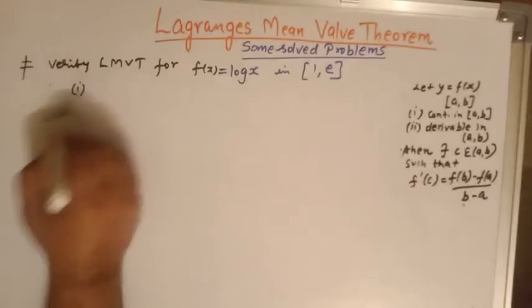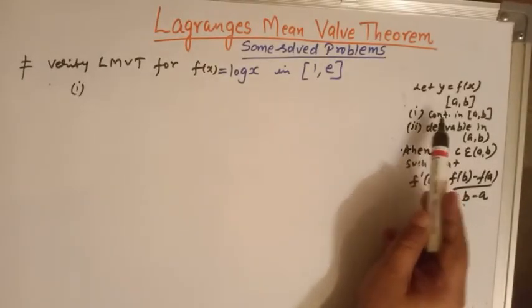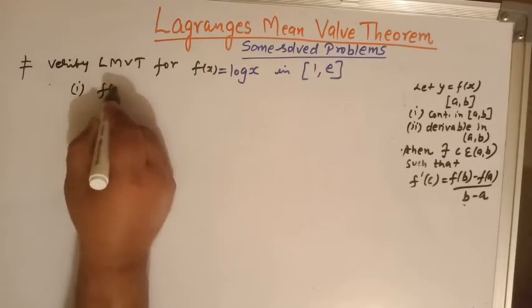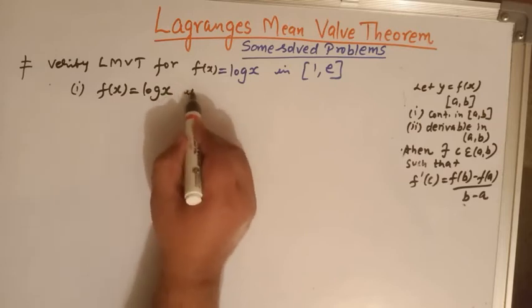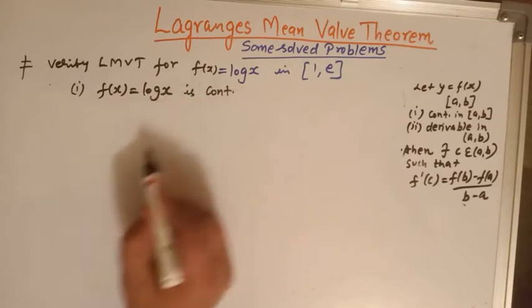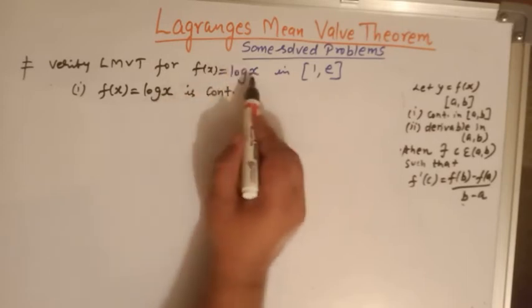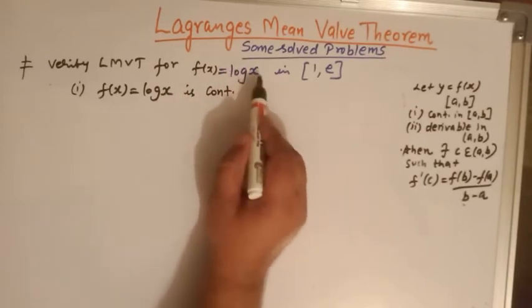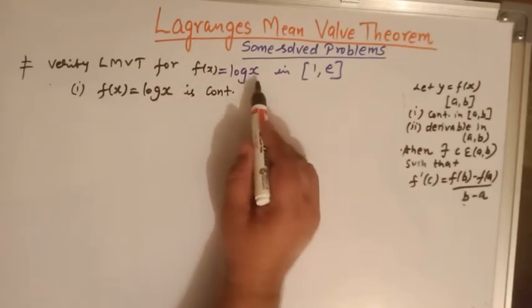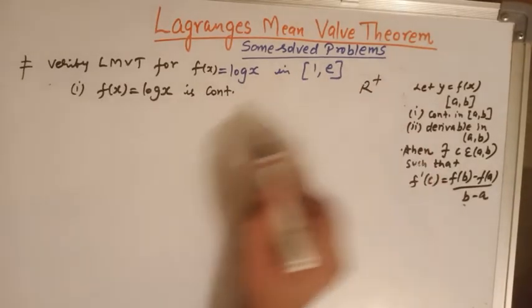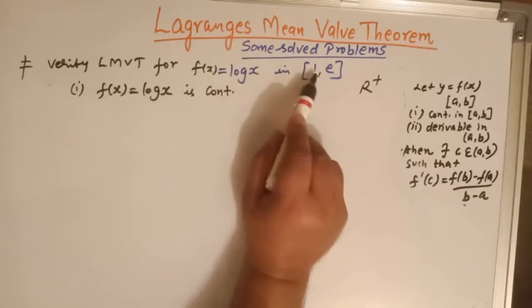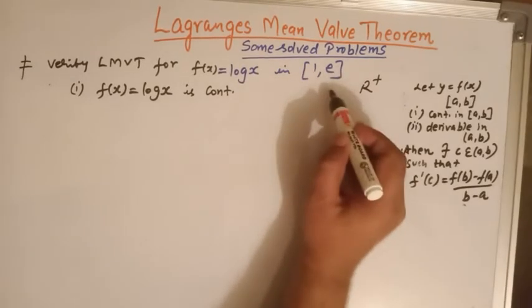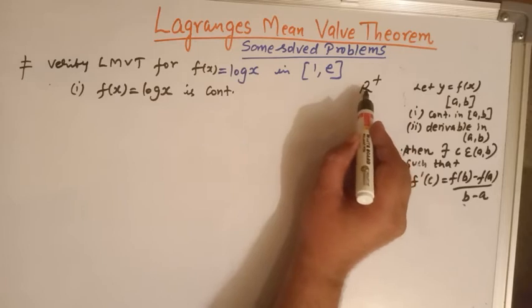So the first point is this function f(x) equal to log x is continuous, because the domain of log x is the set of positive real numbers, and here we have the interval [1, e], which is a subset of this set of positive real numbers.